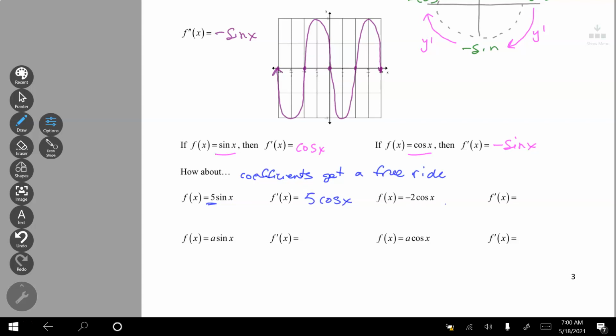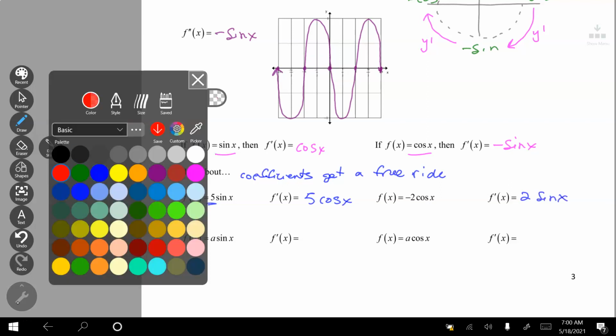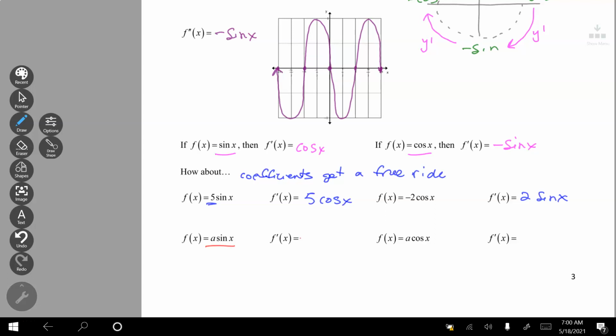Negative 2 cosine of x, well, the derivative of cosine of x is negative sine of x, times negative 2 is going to be positive 2 sine of x. In general, the derivative of a sine of x is going to be a cosine of x. And if I have a cosine of x, its derivative is going to be negative a sine of x.